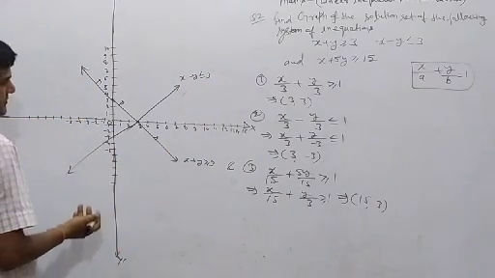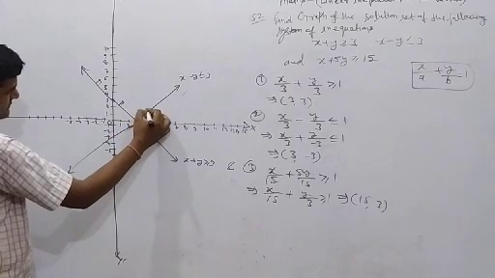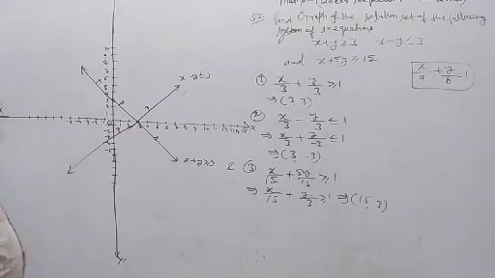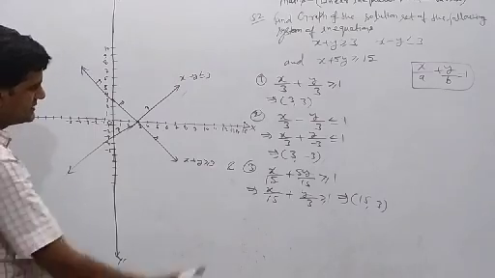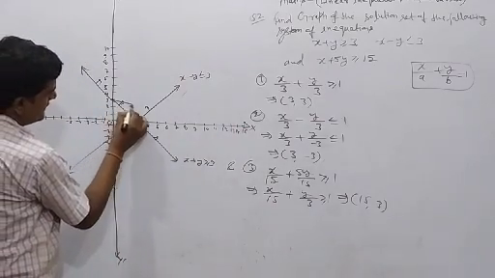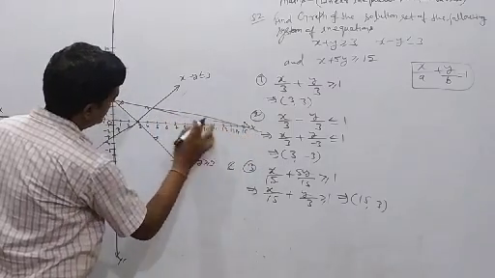Where is the arrow? Less than means towards the origin, means where? Like this side. The last equation is 15, 3. 15 means here, 3 means here. And like this. Clear? Like this here.